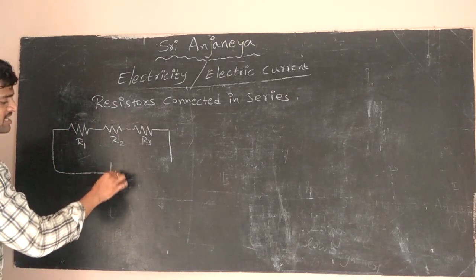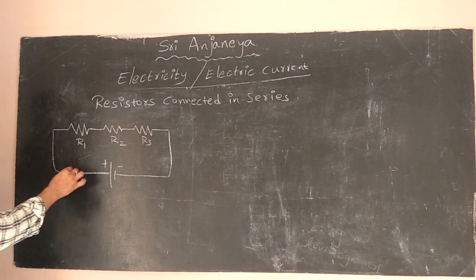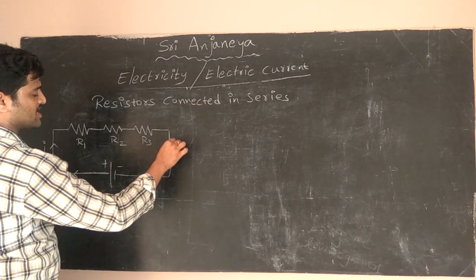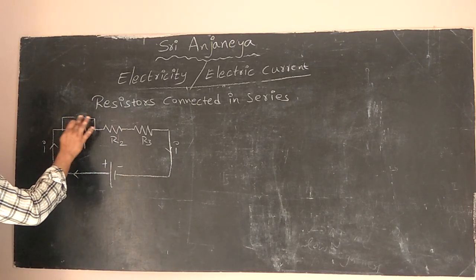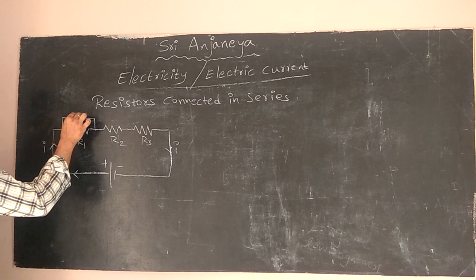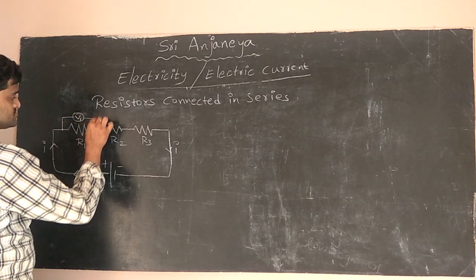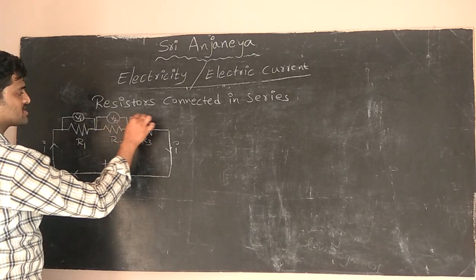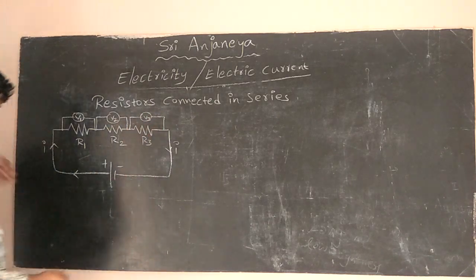This is connected with the help of a cell or battery. The current is flowing like this. So this is the current, which is represented with I, and this is the voltage. For each and every resistor, an individual voltage will be there: V1 for resistor 1, V2 for the resistor 2, V3 for the resistor 3.